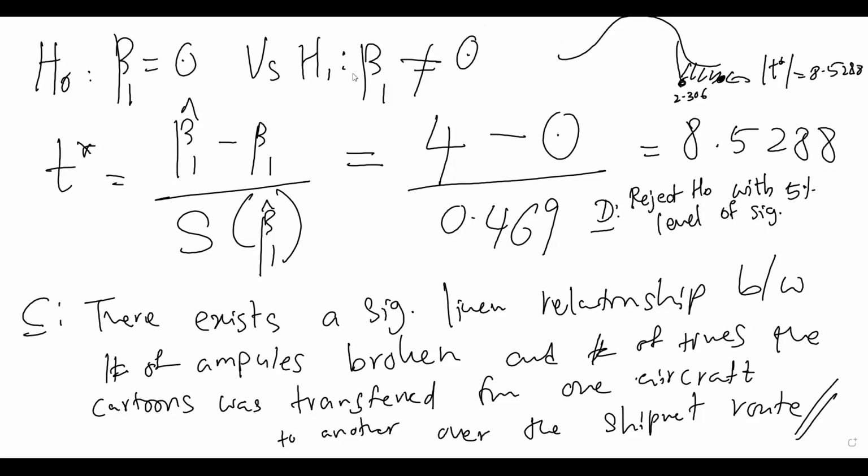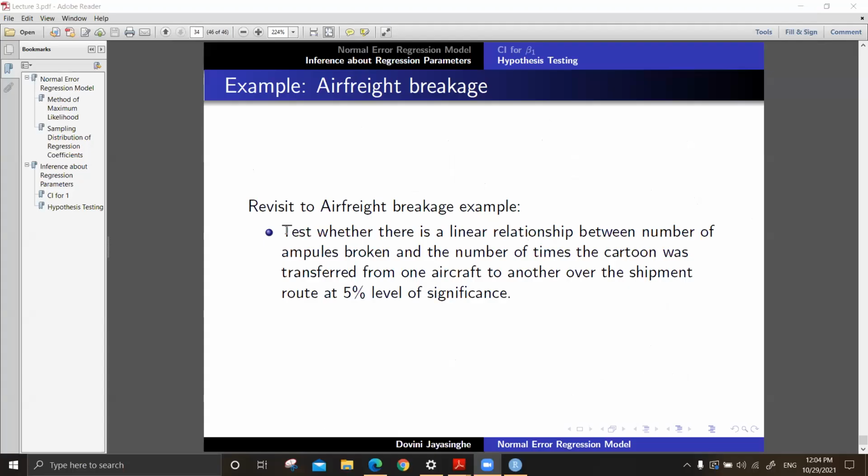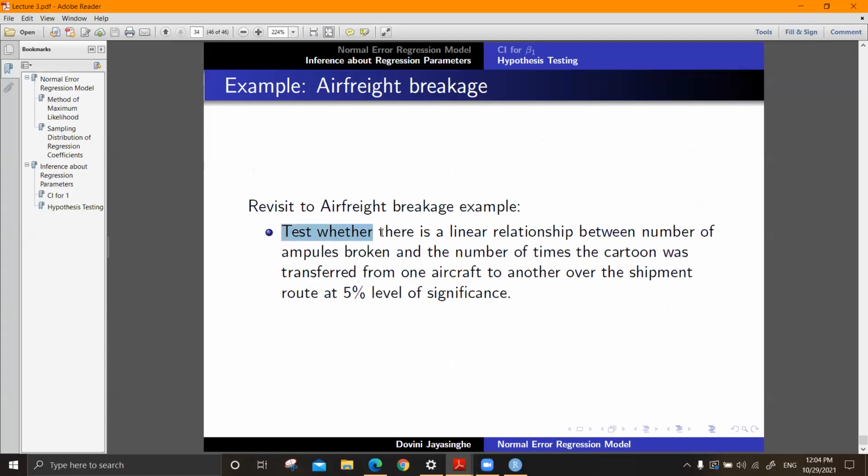So what is the problem context? How did we write this conclusion? They're asking to test whether this thing happens. So what I did was I said yes or no to this, right? Whether there is a relationship or whether there's no relationship. So what I wrote was there exists a linear relationship between the number of ampules broken and the number of times the cartons were transferred from one aircraft to another over the shipment route.